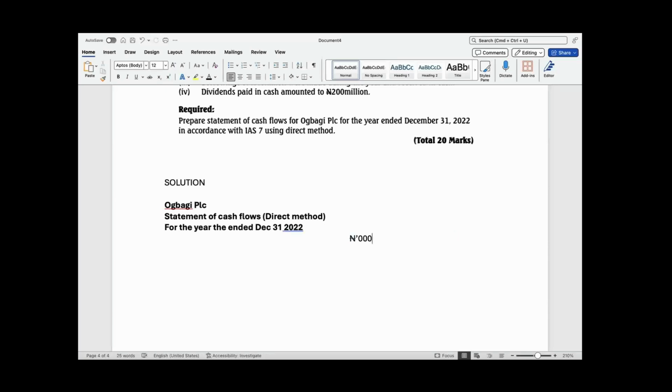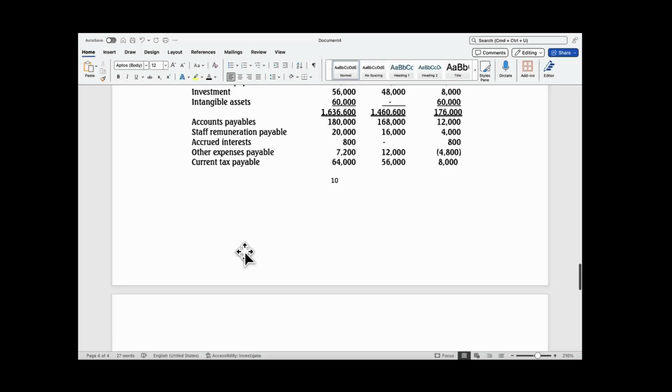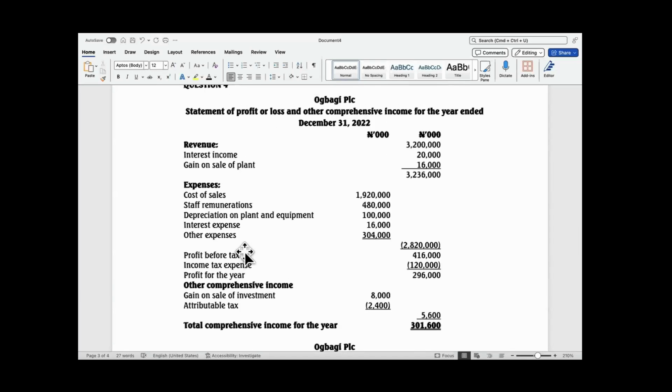Okay, so the first section of your statement of cash flows always is your operating activities. Okay, operating activities. And operating activities are looking at cash items from your P&L items.